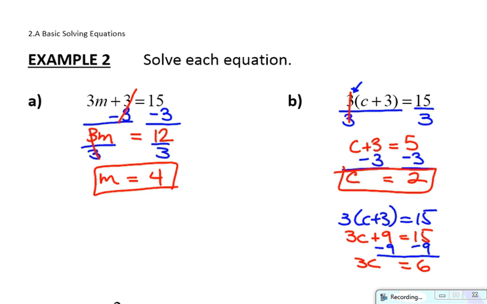And then finally, I would divide both sides by 3. I'd be left with that same answer of c is equal to 2. Your option. Looks like that top one in this situation is a little easier. So depending on what kind of problem you have, you can choose your way of doing that.